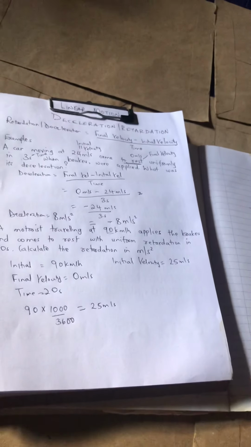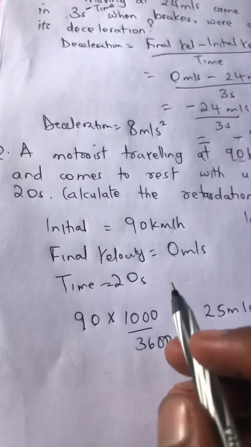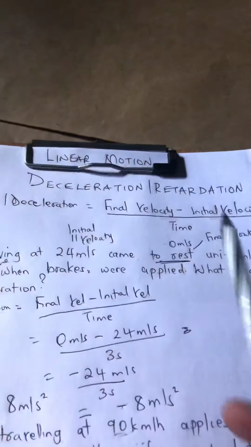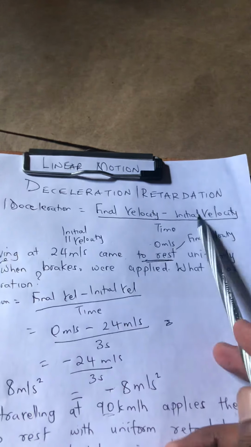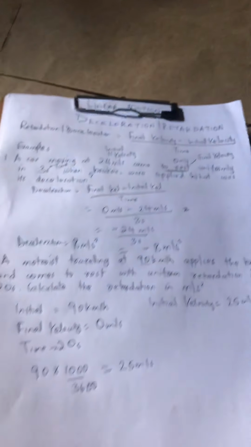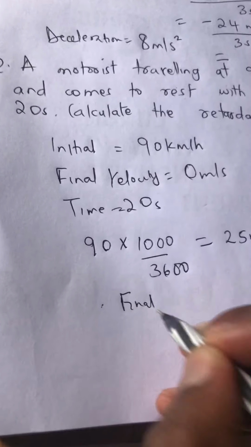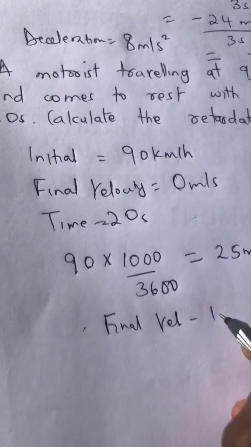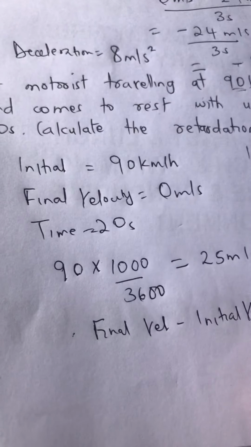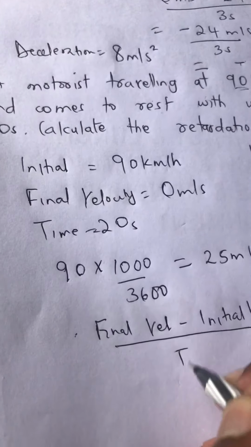Hapo sawa? Nice one, nice one. Therefore, acceleration ama deceleration, tumesema the formula is final velocity minus initial velocity divided by time. So what does it become?